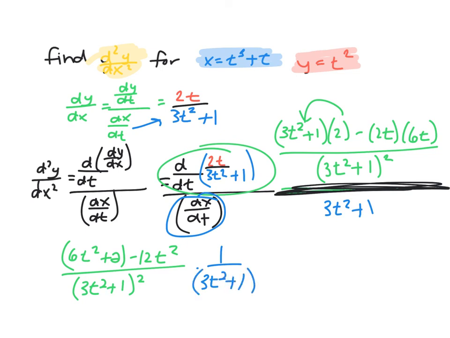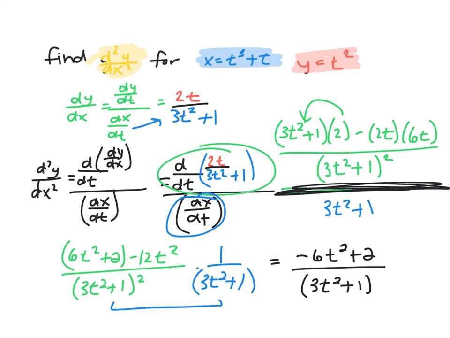Then the bottom is a little easier to represent using an exponent. What I get on top, after I simplify, is negative 6t squared plus 2. And on the bottom we have the quantity 3t squared plus 1 multiplied 3 times.